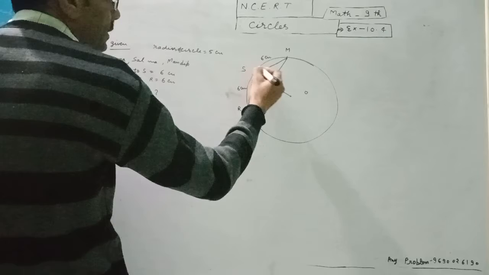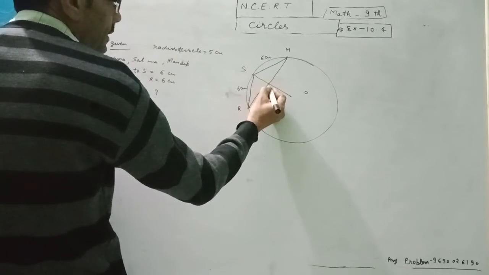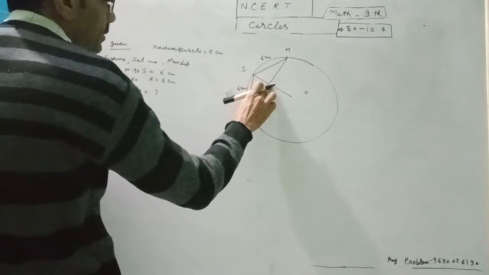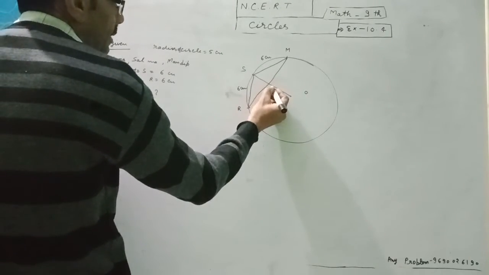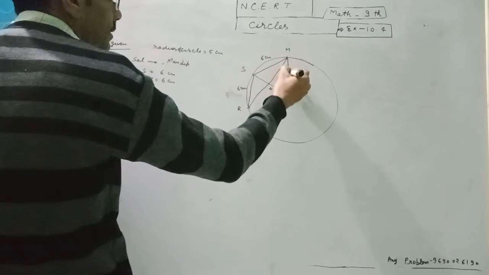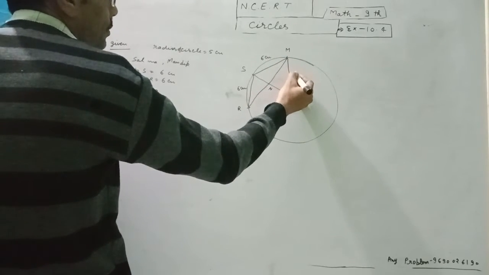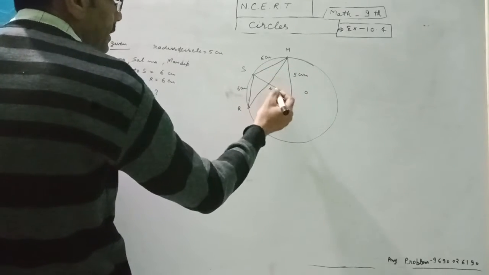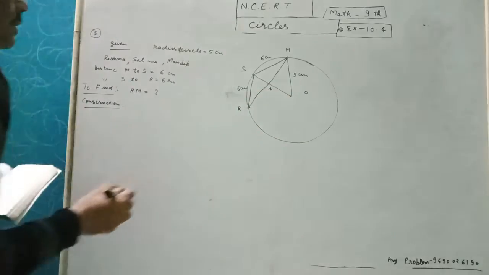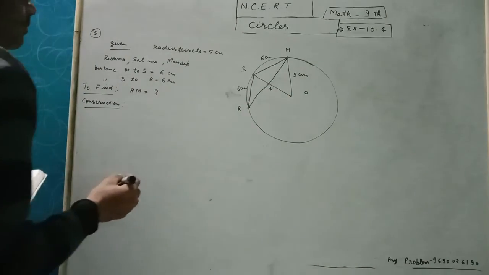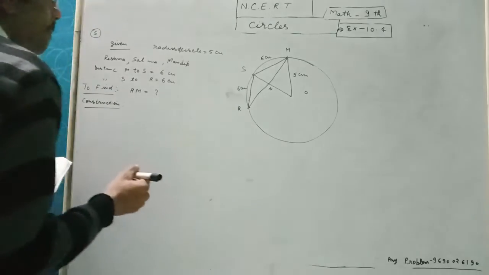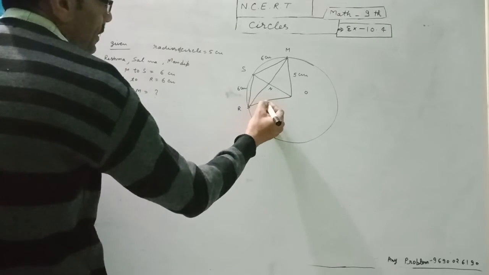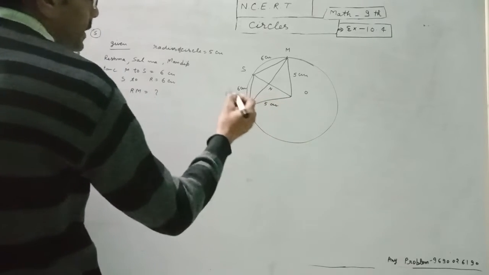Join O to S, with RM intersecting at point N, and join O to M. OM is a radius of 5 cm, then SO is also a radius of 5 cm.